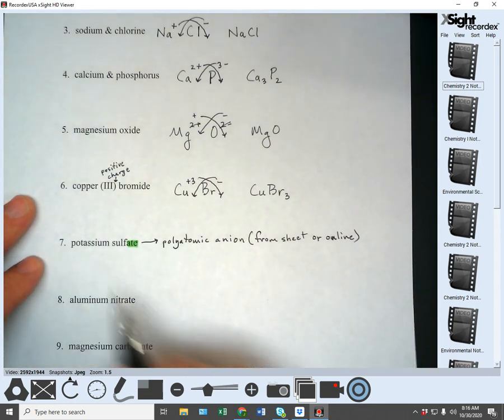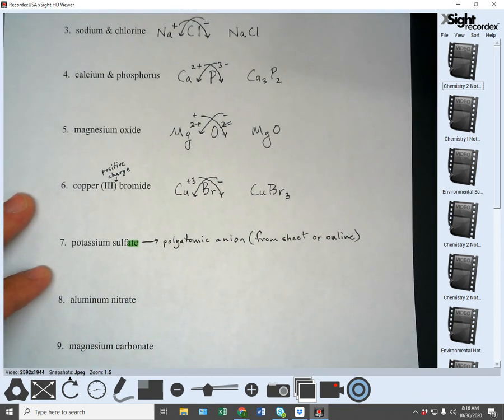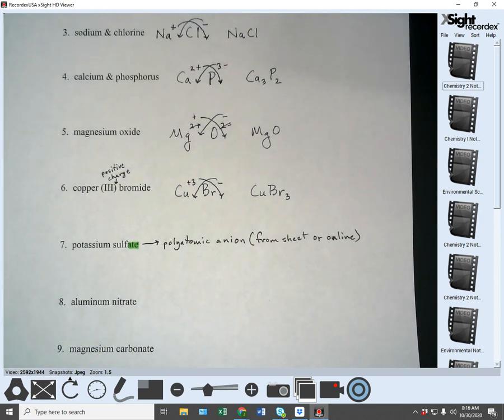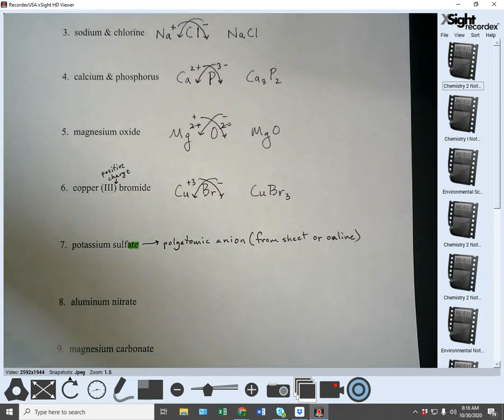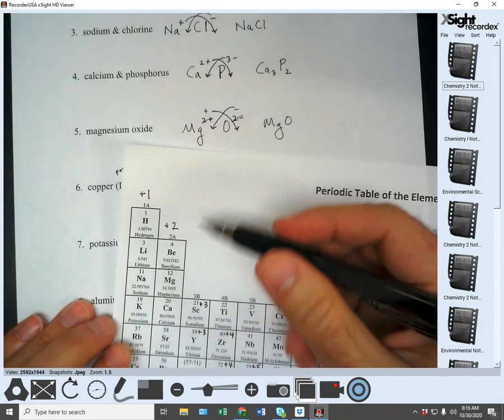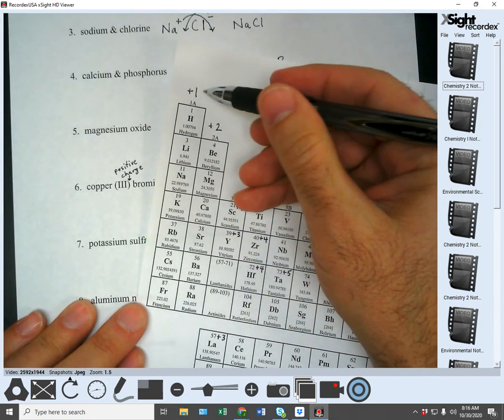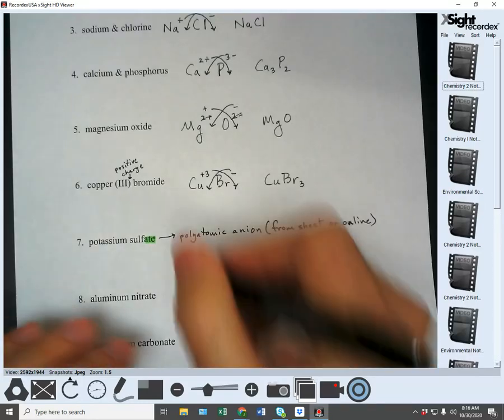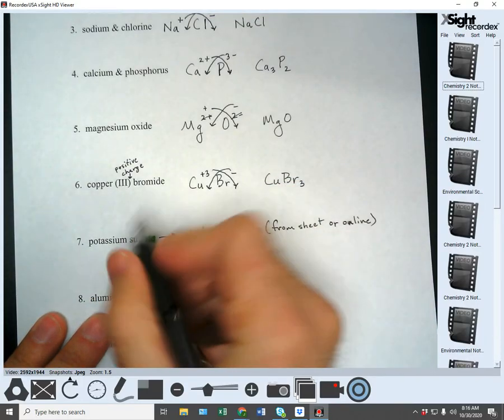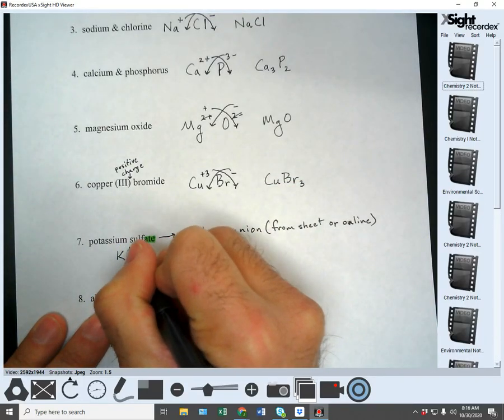So potassium, we look up on our periodic table. Potassium is in row 1A, so it's plus 1. So K is a plus 1.